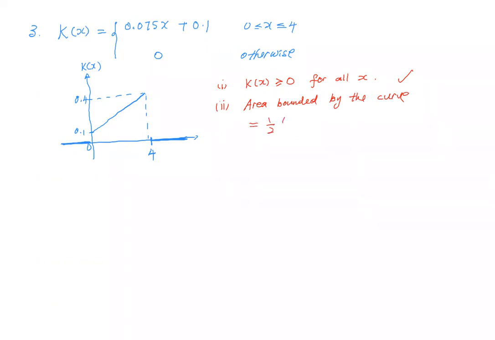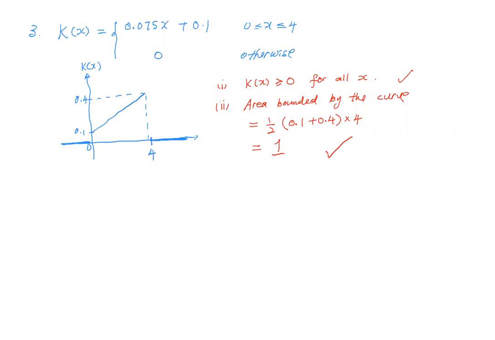To get the area of a trapezium, sum of the parallel heights times the length. So we get 1. So this is a valid what? Valid probability density function. Clear?